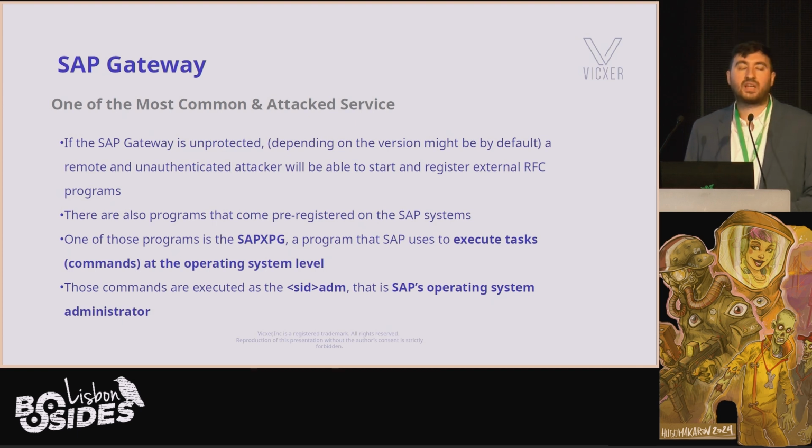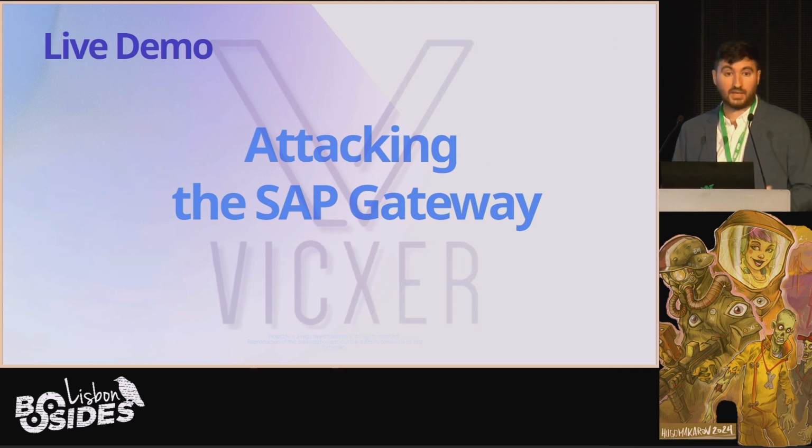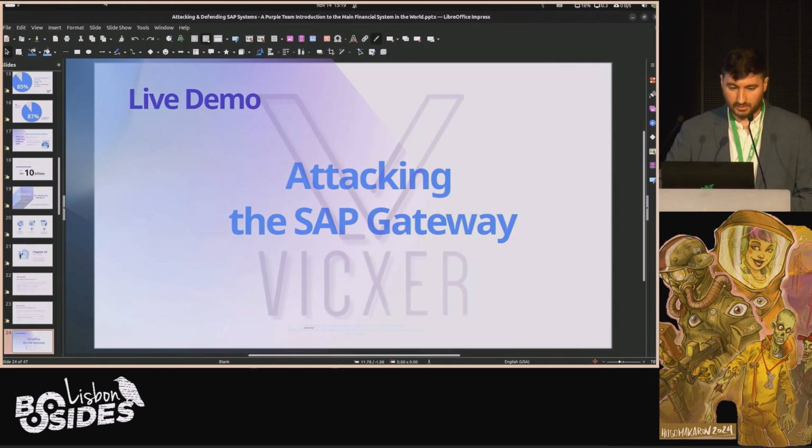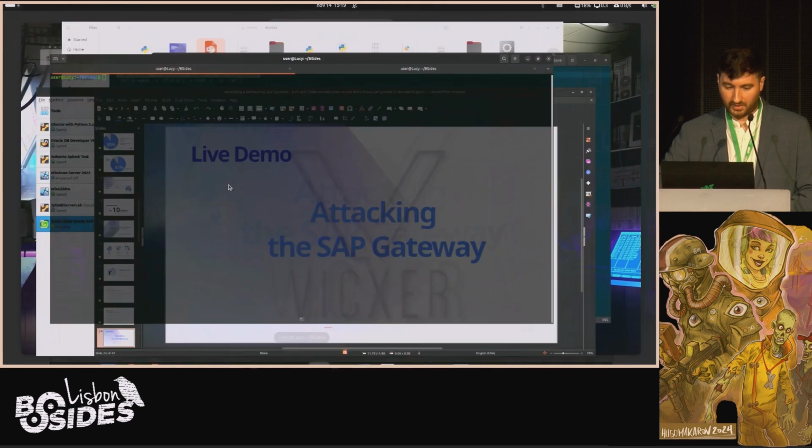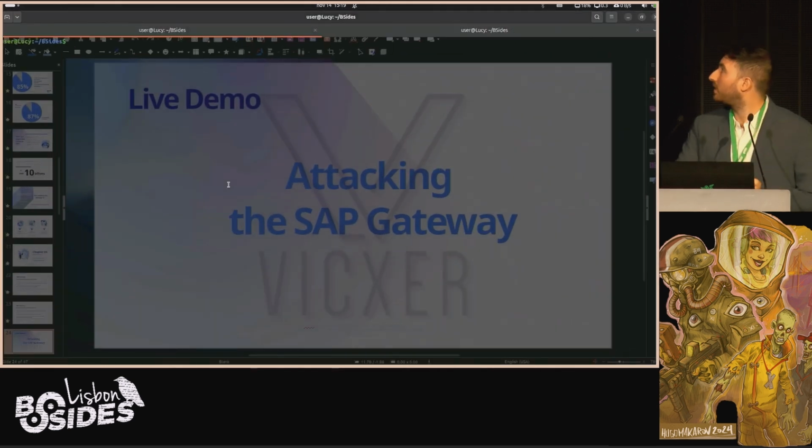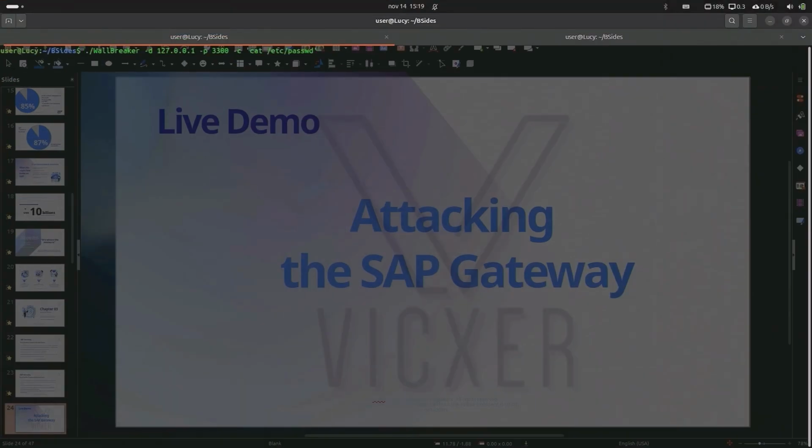So if you gain access to this, if you are able to exploit the gateway, you already have access to all the resources on the file system that belongs to the SAP system. And it's exactly what we're going to do. Yeah, if the gods of the live demo allow us. So pretty much, I have prepared an exploit. I'm not going to give you the details of this one, because you can easily create a worm, and SAP is going to kill me.